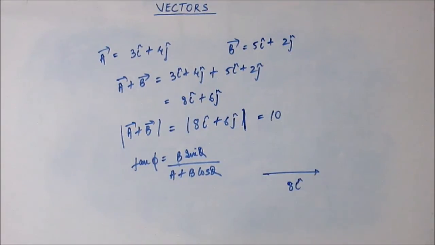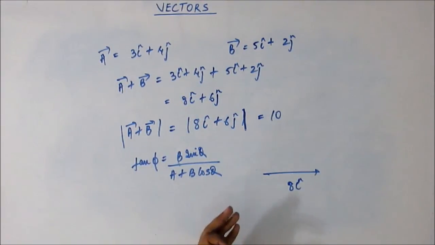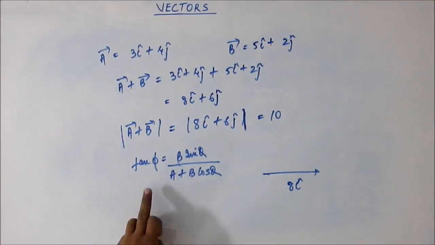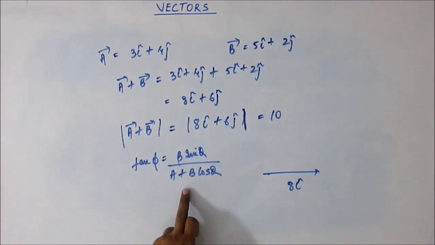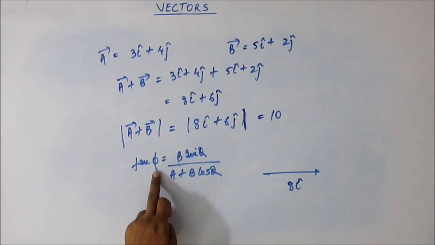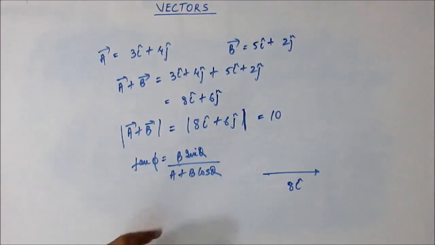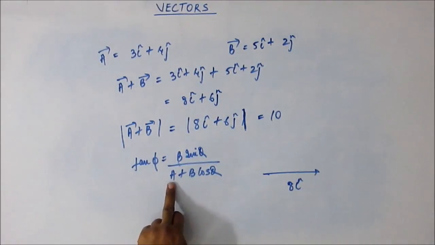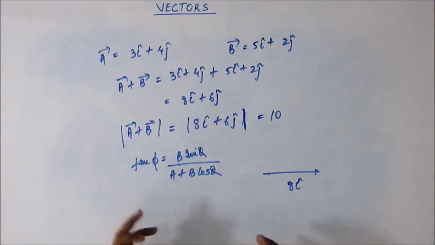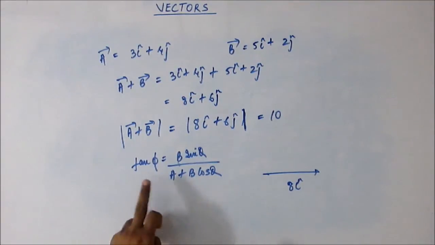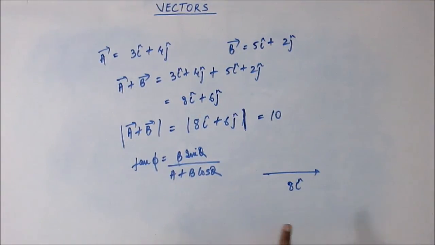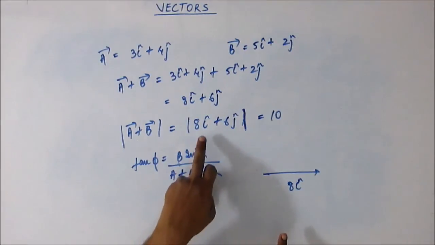So if I find out what angle the resultant vector makes with 8 i cap, then I get the answer for what the resultant vector makes with the positive x-axis, which is the same. In this formula, when we derived it, this phi is actually the angle which the resultant vector makes with A vector. So if we use this formula, then what we are calculating is what angle the resultant vector makes with the vector 8 i cap.